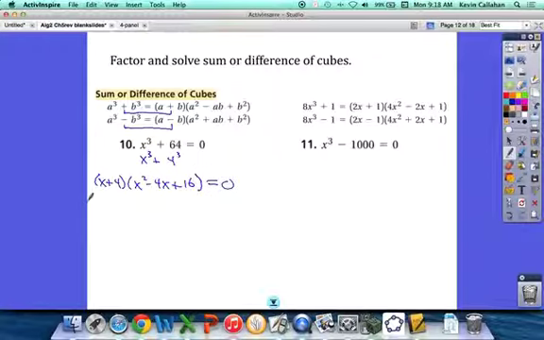Okay, so we factor it so that we can use the zero product property. Zero product property says that since a product equals 0, then one of the factors must be 0. What is the 0 that's coming from the first factor? -4, right? -4 plus 4 would make that 0. So x equals -4 is the easy one.